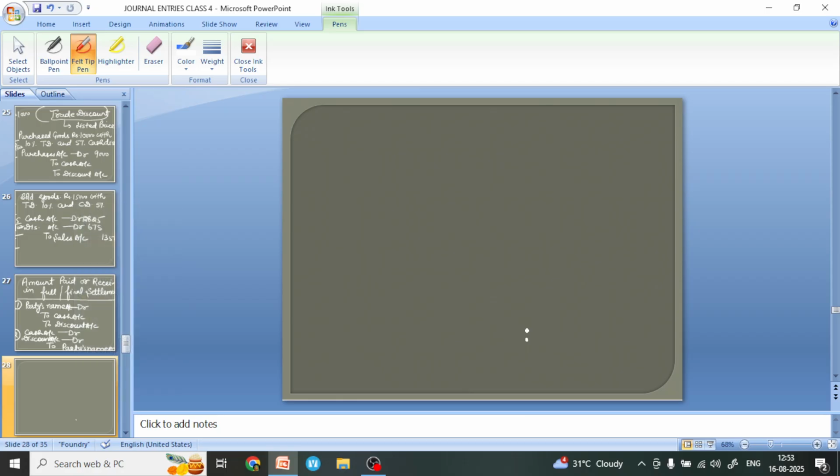Now you can take an example related to amount paid or received in full and final settlement.